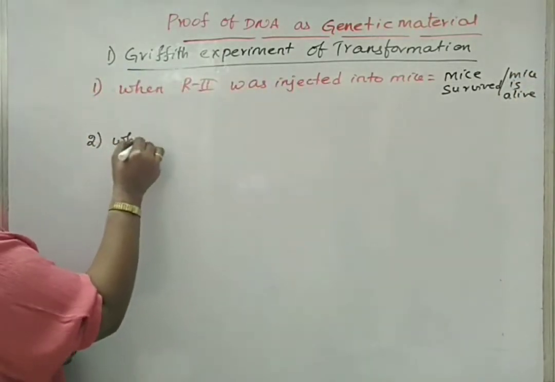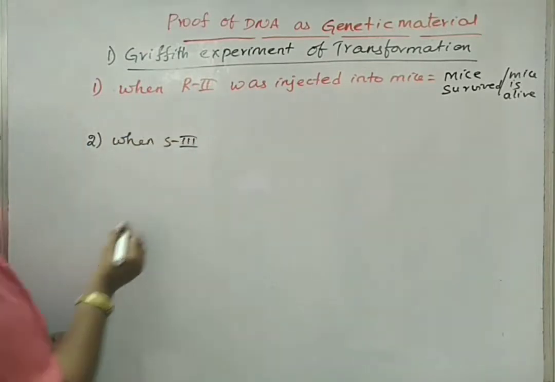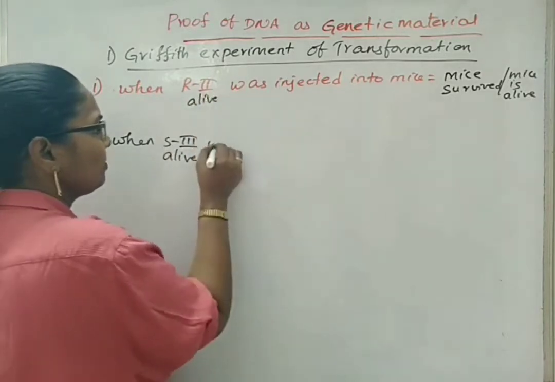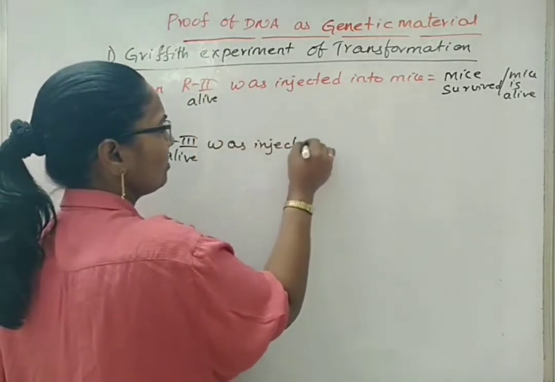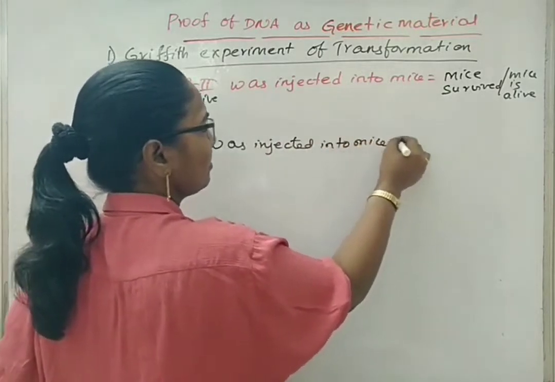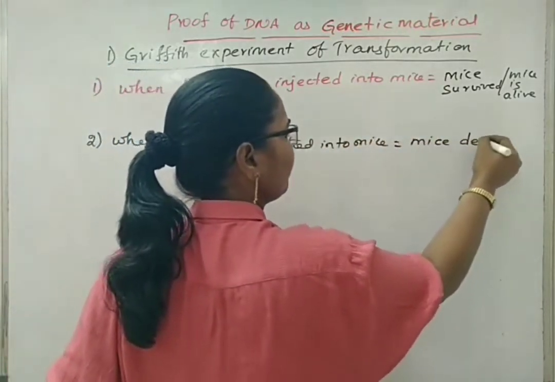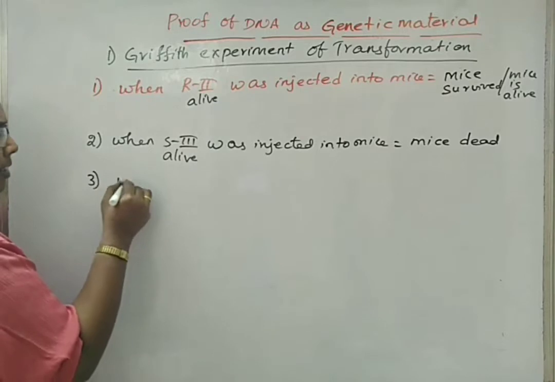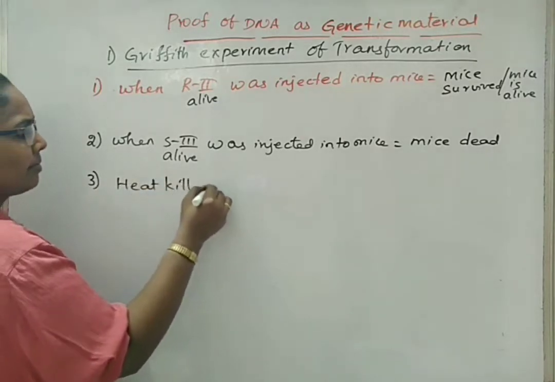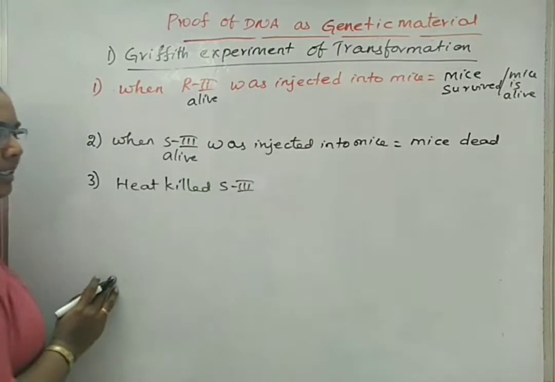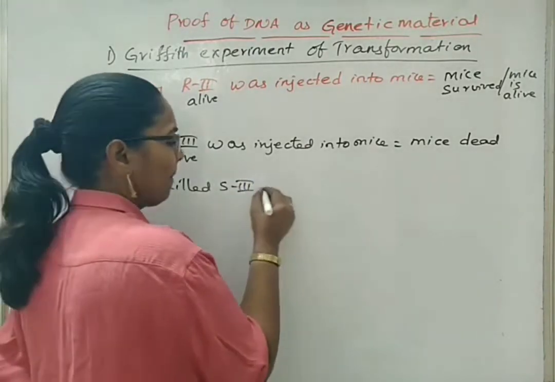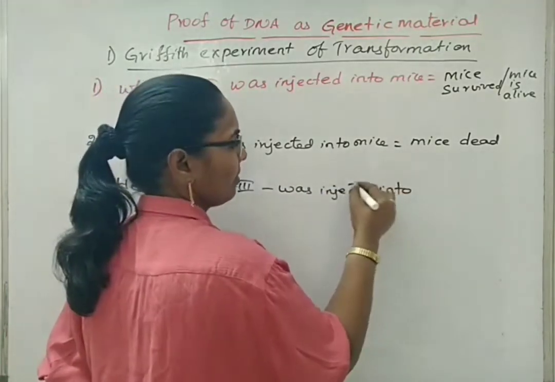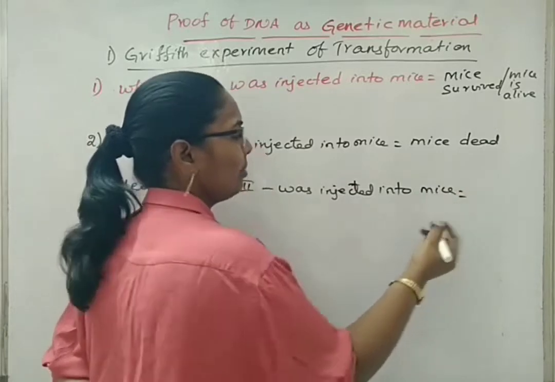Second, when the smooth strain 3 type, which is alive, was injected into mice, the mice died. Third, when heat killed smooth strain 3 type was injected into mice, again the mice is alive.